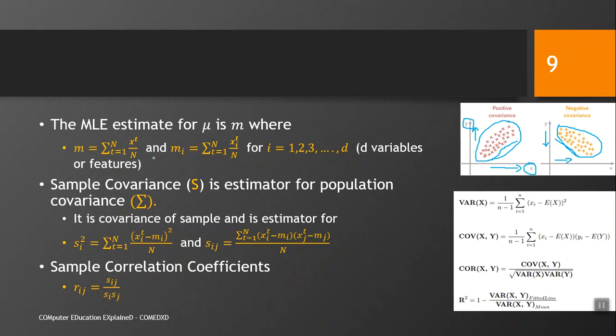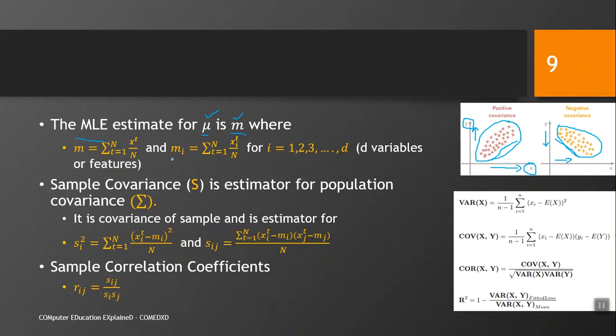What is that? Maximum likelihood estimate for mu is m. We have seen that if we want to find the mean of the population, we can use the mean of the sample to estimate mu, and m is given with the help of this formula.